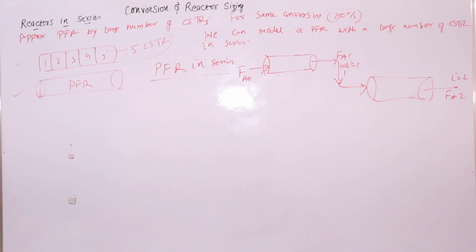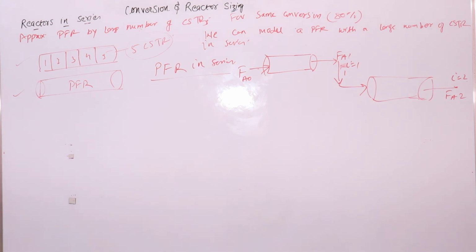We know the design equation for PFR; we have done this in the previous video lecture. Two CSTR in series, as seen earlier, gave a smaller total volume than a single CSTR. This is not the same in a PFR. Whether you use two plug flow reactors in series or one plug flow reactor, it would be the same thing.